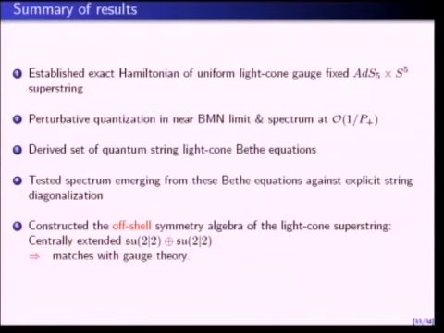I then confronted this spectrum with the conjectured set of Bethe equations for the AdS/CFT system, which I had to rephrase in a light cone language, where some simplifying structures arose. And finally, I showed you how the off-shell supersymmetry algebra of the light cone superstring gets centrally extended. Thanks.